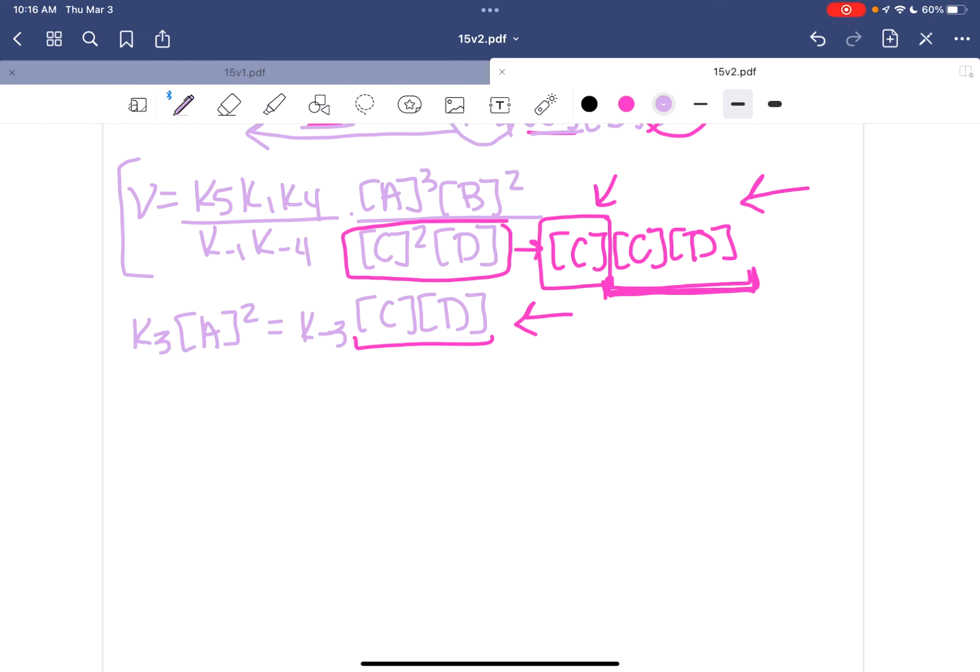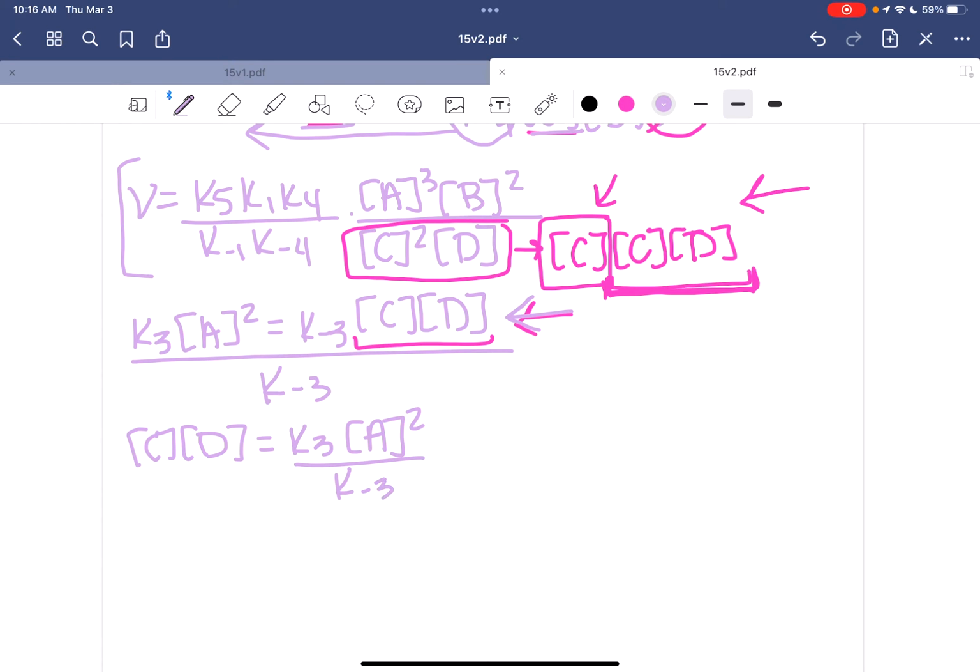So if we're isolating C times D in this elementary step, the only thing that we actually have to do is divide both sides by K minus 3. And so that means that C times D is equal to K3 times A squared divided by K minus 3.